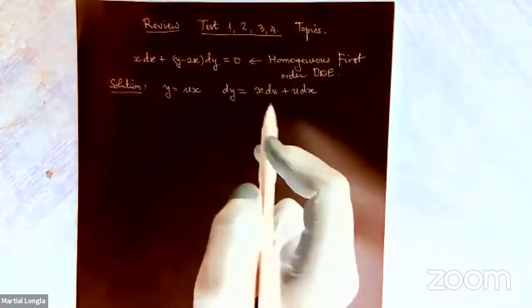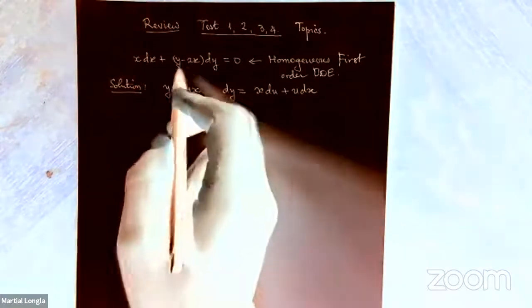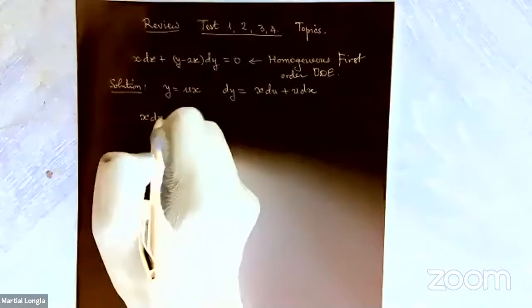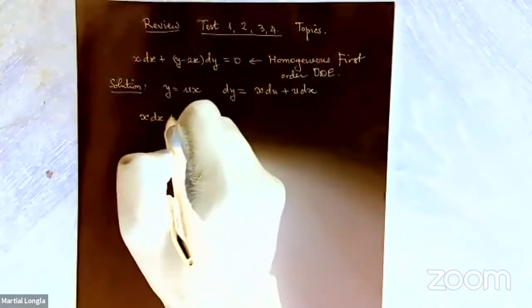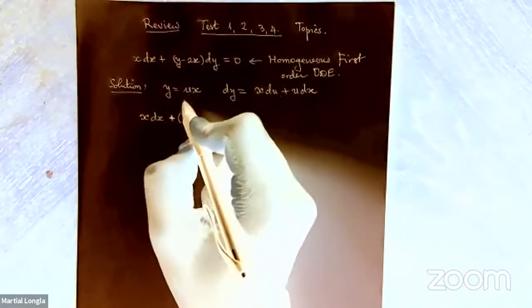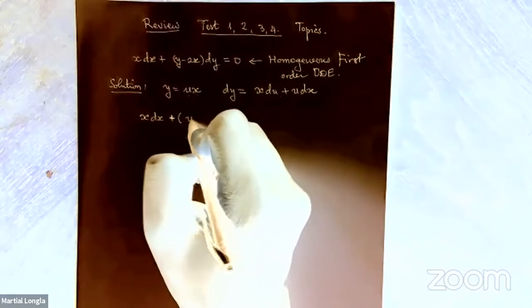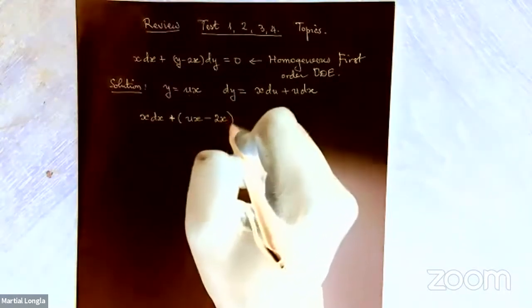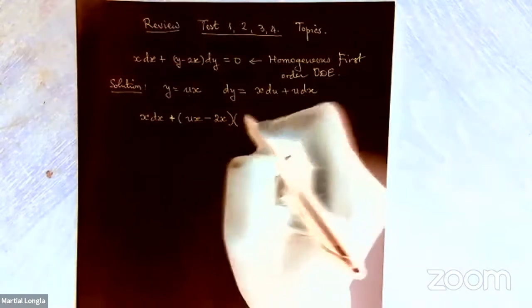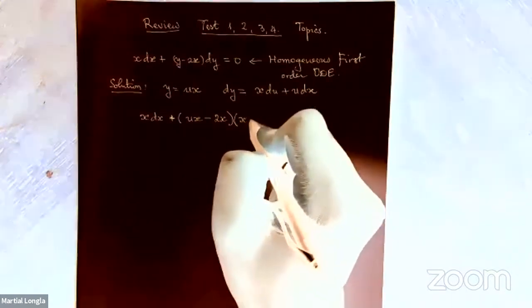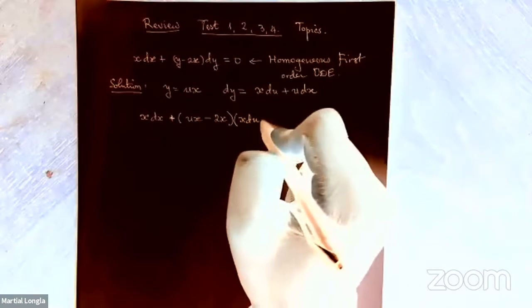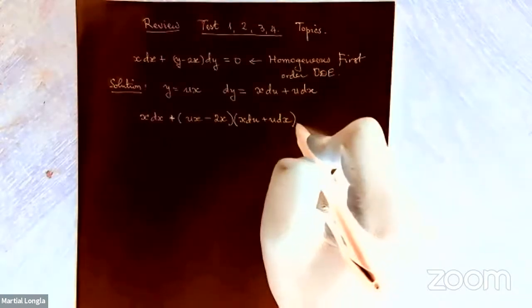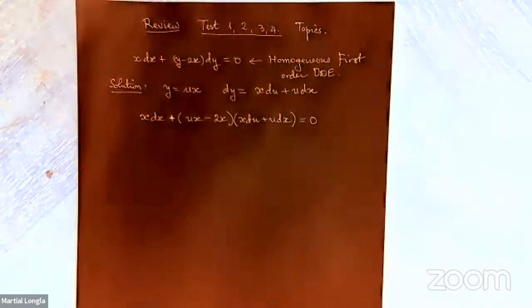And then you take those two into the equation. So that's x dx plus y, that's ux, minus 2x, and dy, that is x du plus u dx, equals 0.